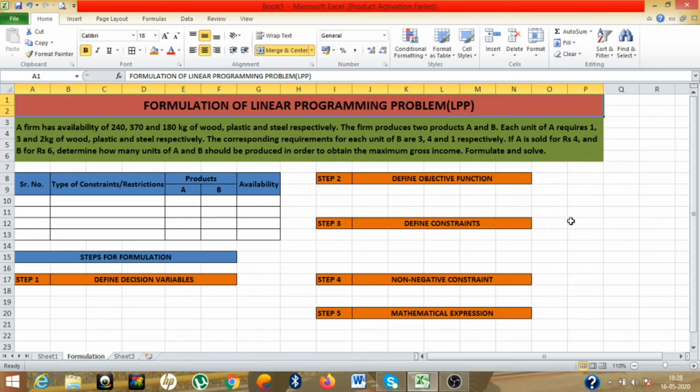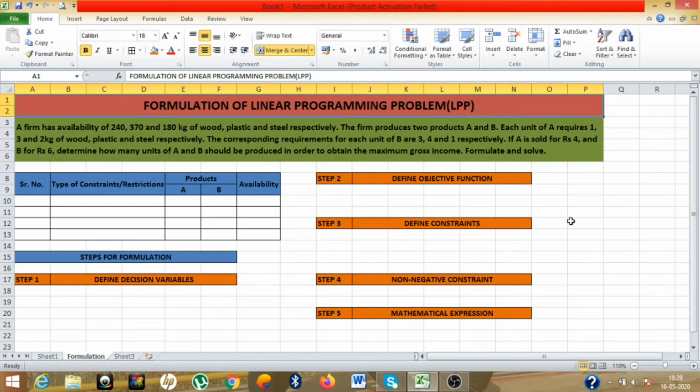So here the question is: a firm has availability of 240, 370 and 180 kg of wood, plastic and steel respectively. The firm produces two products A and B. Each unit of A requires 1, 3 and 2 kg of wood, plastic and steel respectively.